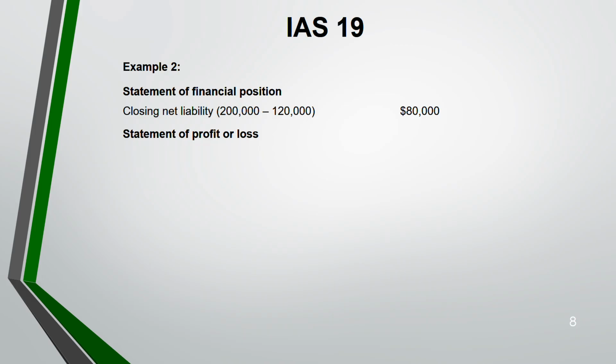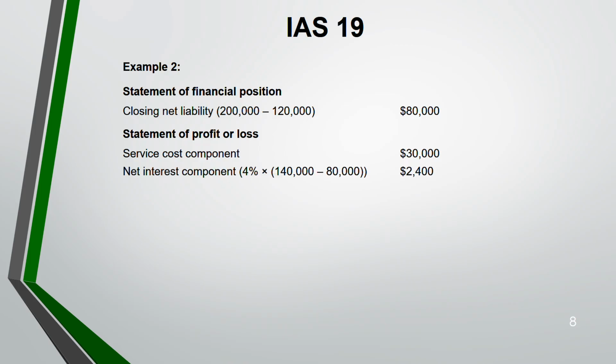Next, statement of profit and loss. Service cost component 30,000. Net interest component will also go. How are you going to get the net interest component? On your asset. So fair value of plan assets. Fair value of plan asset was 80 in the beginning and 120.